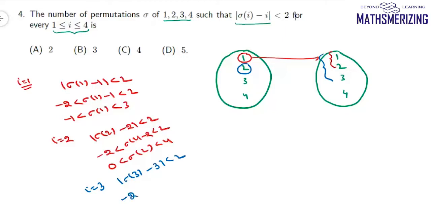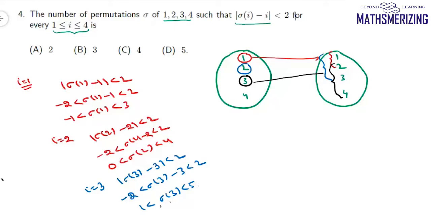So minus 2 is less than sigma 3 minus 3 is less than 2. So 1 is less than sigma 3 is less than 5. So for 3, we have again 3 configurations, either 2, 3 or 4.